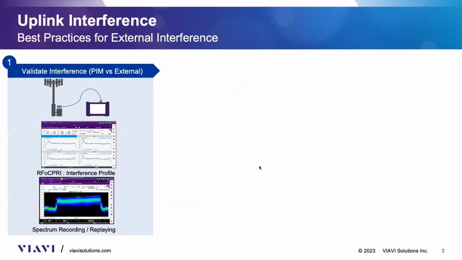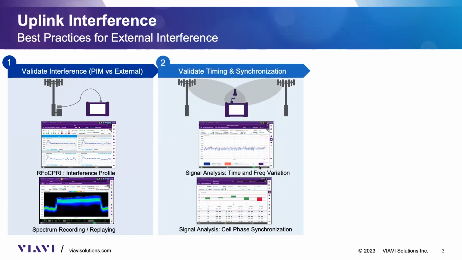In this series, we first presented how to do PIM detection and make a distinction between external and internal PIM. The next session was about synchronization inside the network between two cell sites, which happens due to improper sync and timing between two cells.